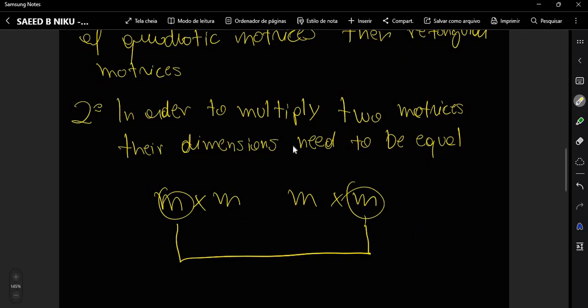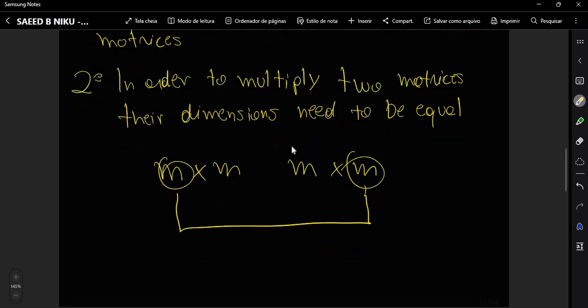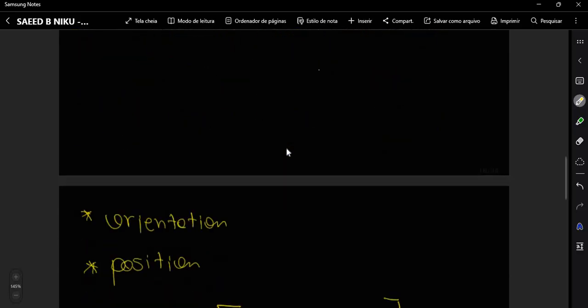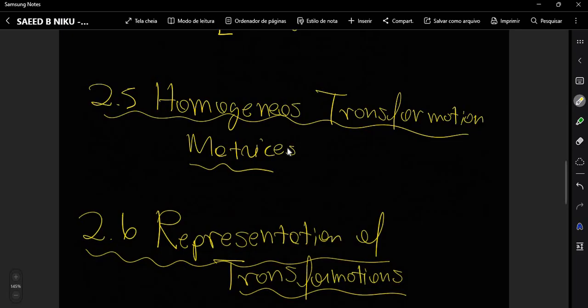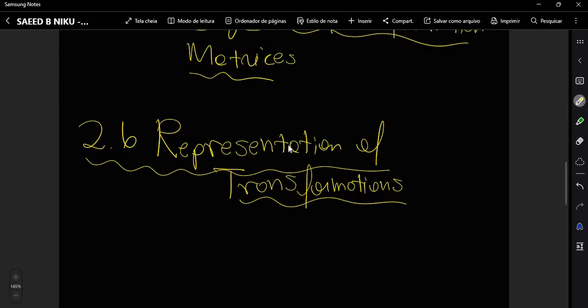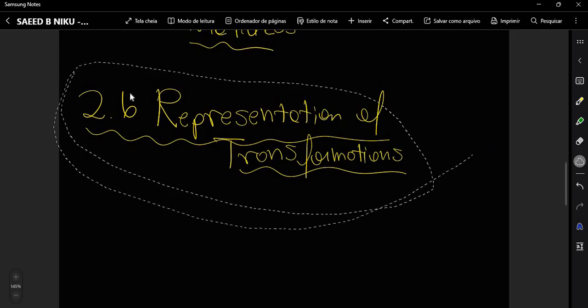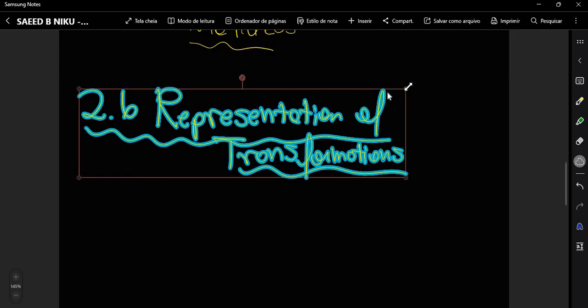And the second reason is that to multiply two matrices, their dimensions need to be equal. So the topic 2.5 was very short, a brief introduction to the topic 2.6. So let's discuss this topic.